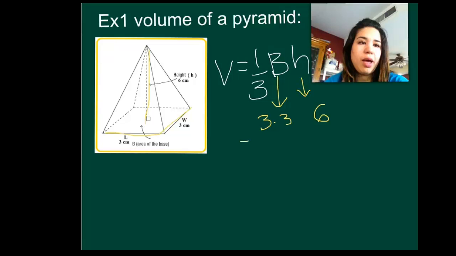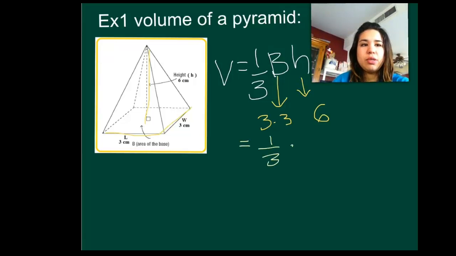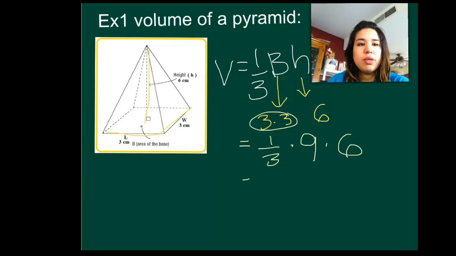So now we have 1/3. I know that 3 times 3 is 9, and then times 6. So now we just do the rest. 9 times 6 is 54. And my last step is going to be to multiply by 1/3.